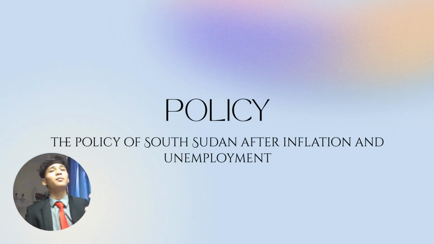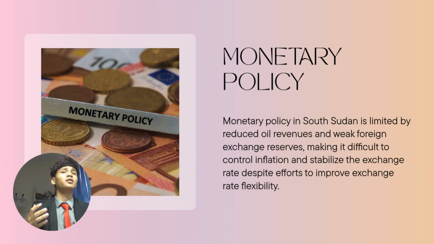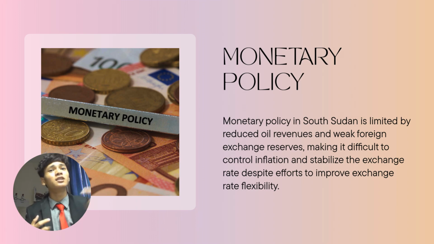This slide explains the policies used by South Sudan after inflation and unemployment increased. The main goal is to stabilize the economy, control prices, and reduce unemployment. South Sudan's monetary policy is weak because of low oil income and limited foreign reserves.